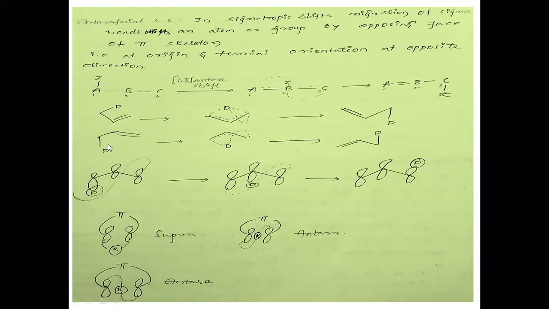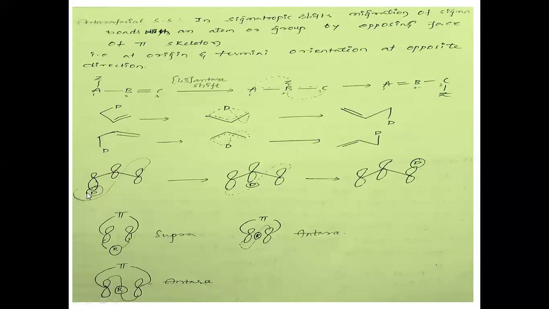In the next example, the deuterium is in the down phase, whereas in the product the deuterium is in the upper phase. So this is called antarafacial sigmatropic shifts. In an orbital orientation, the same molecule is represented in the orbital picture.